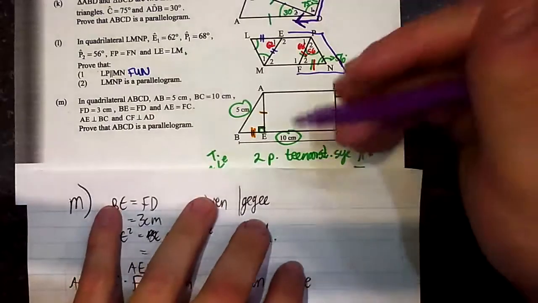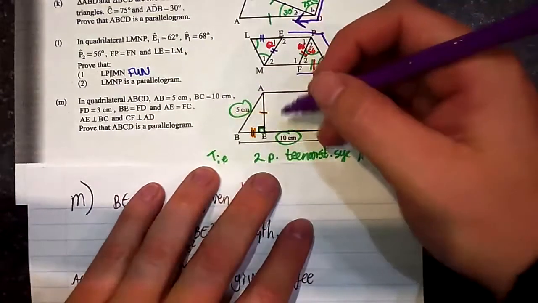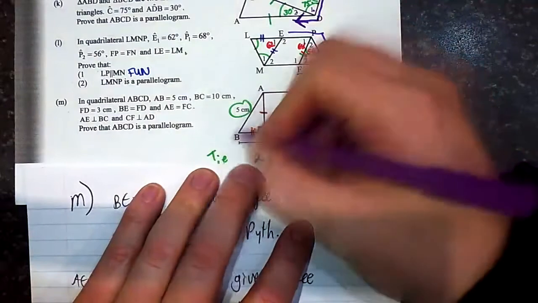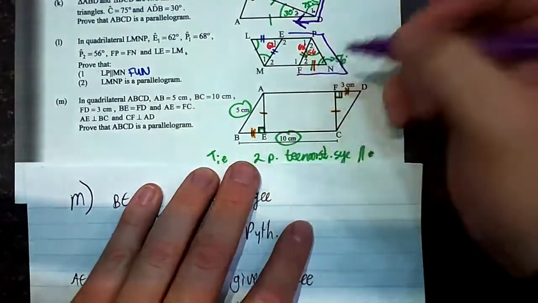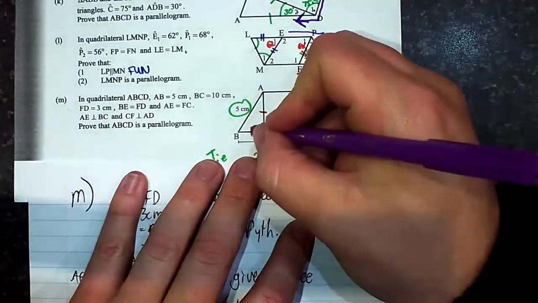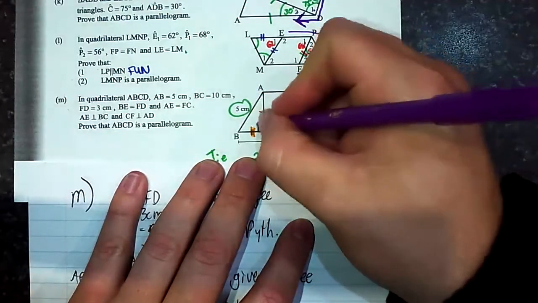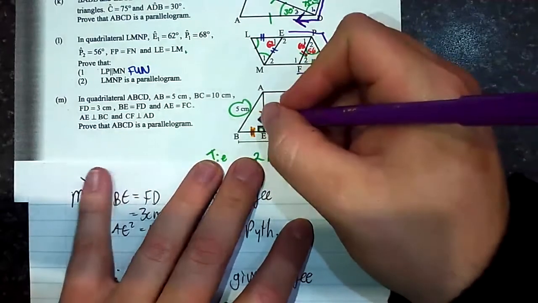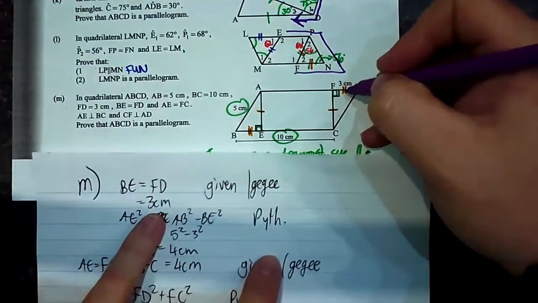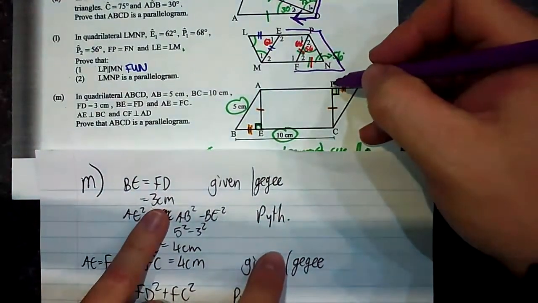Okay, let's start with the most info given. Here's a hypotenuse, daar's die skynsy van hierdie driehoekie en hulle gee vir ons BE en FD is al 3 cm. So ons weet hy is 5, hy is 3, so ons kan hom gaan bepaal. Reghoekige driehoek, ons kan Pythagoras gebruik, reg. So BE and FD are equal, 3 centimeters.